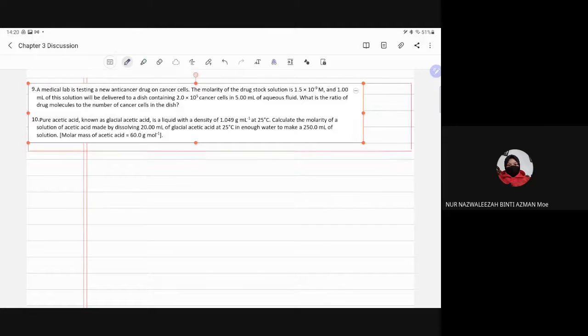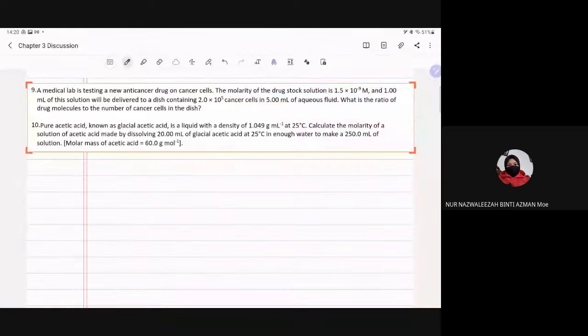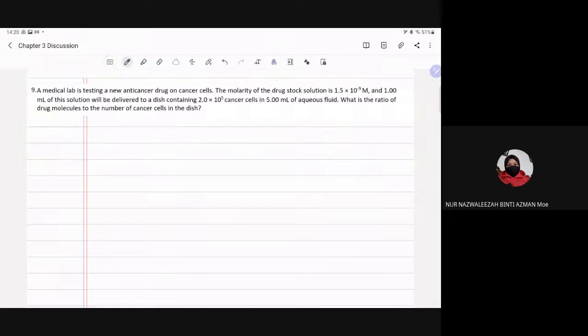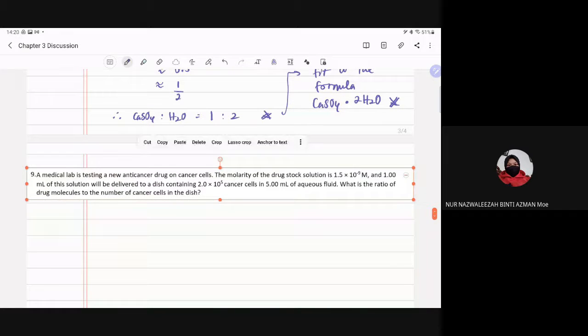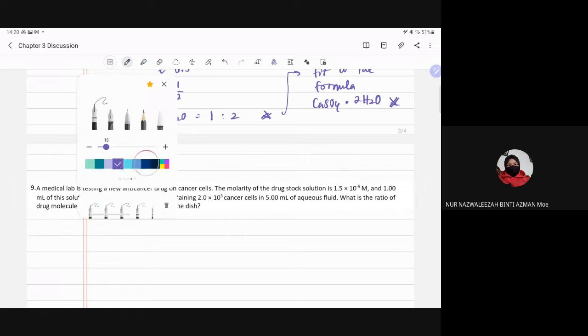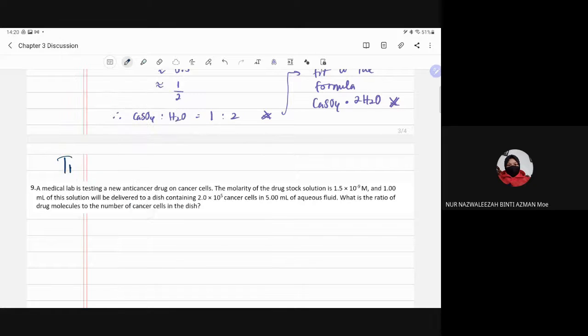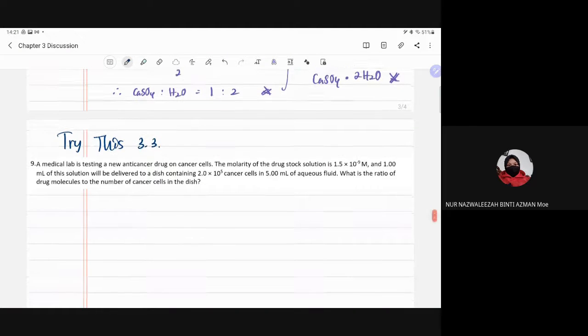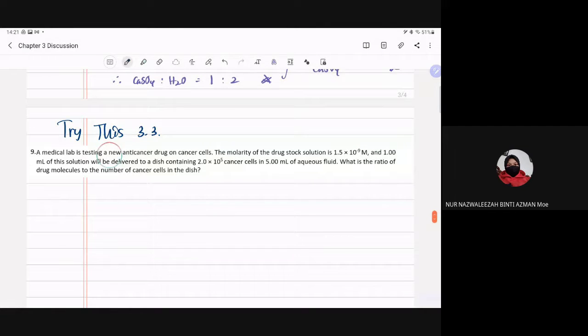Okay, so this is try this 3.3. A medical lab is testing a new anti-cancer drug on cancer cells.